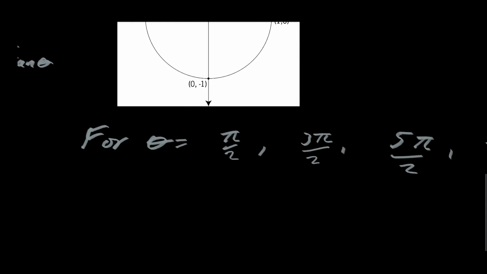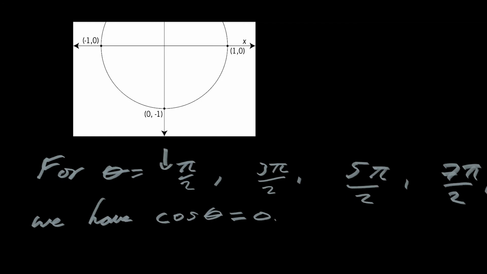We have cosine of theta equal to 0. So what's the pattern? Well, that's 1 times pi on 2, 3 times pi on 2, 5 times pi on 2, 7 times pi on 2. It is odd multiples of pi on 2. But just positive ones?